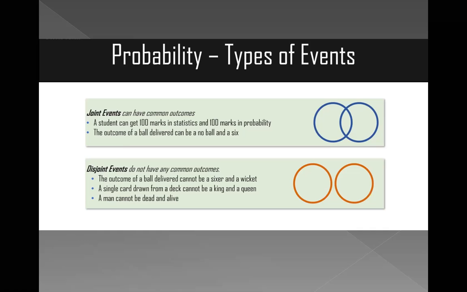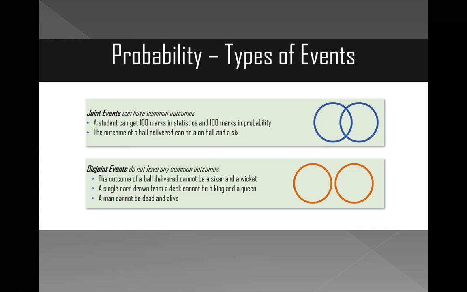A disjoint event does not have any common outcomes. It is the opposite of a joint event, right? For example, the outcome of a ball delivered can't be both a sixer and a wicket in cricket.